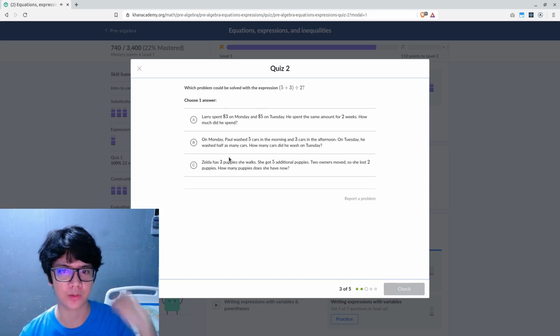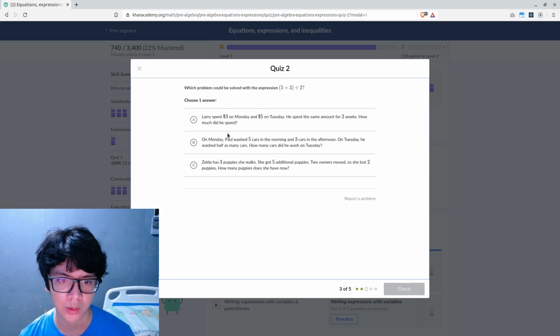Which problem could we solve with the expression 5 plus 3 divided by 2? I spent 3 on Monday and 5 on Tuesday. No. 5 hours and 3 questions on Tuesday.